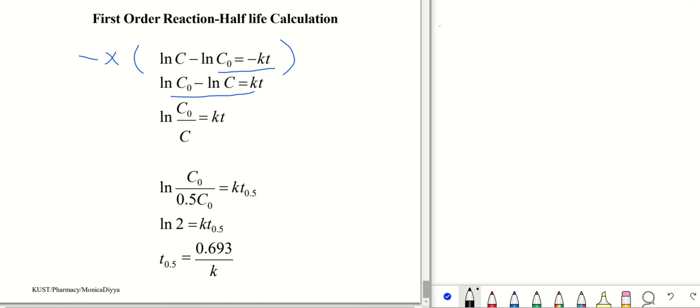So if we multiply by minus on both sides, this becomes positive, and this becomes negative. So our equation turns out to be like this. See, integration c naught minus integration c is equal to kt.